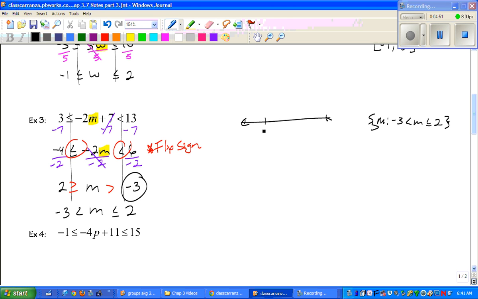So when we draw our graph, we've got negative 3, we've got positive 2. It's an open circle at negative 3, it's a closed circle at 2, and then we shade everything in between. So when we write that in interval notation, open parenthesis, negative 3, and then 2, the bracket.